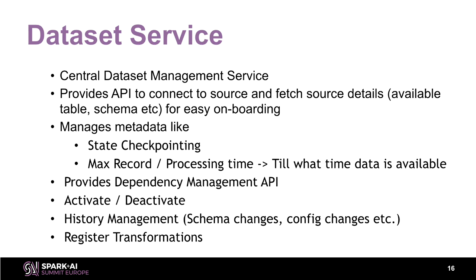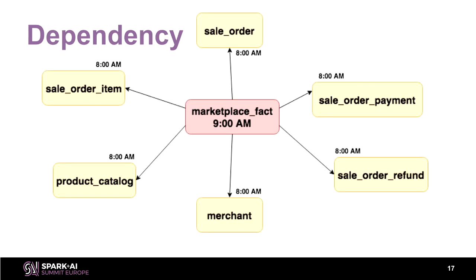It also keeps track of max record or processing time at a dataset level, which can be used for dependency management. Let's have a brief discussion on that. Let's say you want to generate a marketplace fact OLAP, which is more like joining different raw tables, creating a flat view, and maybe adding some aggregations on top of it, which would be used by different consumers.